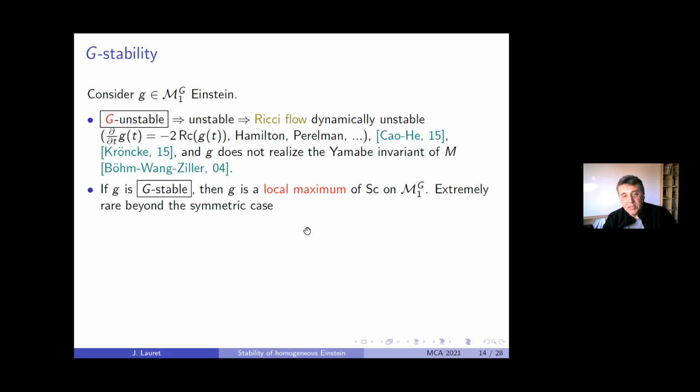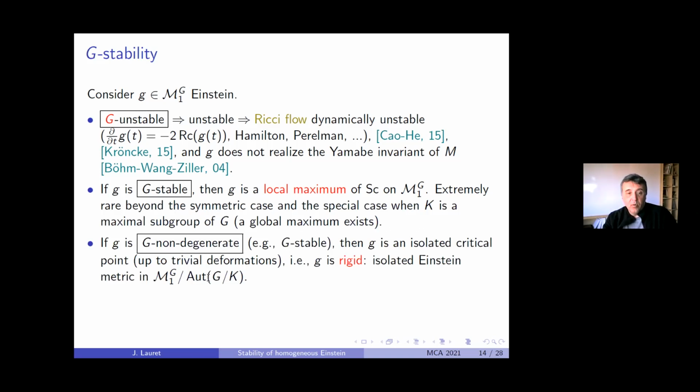Is extremely strong condition already in the G stable case, because these will be the candidates to be non-symmetric stable Einstein metrics, right? In the general case. But in this G invariant case, it's also very, very difficult to find this kind of metrics.